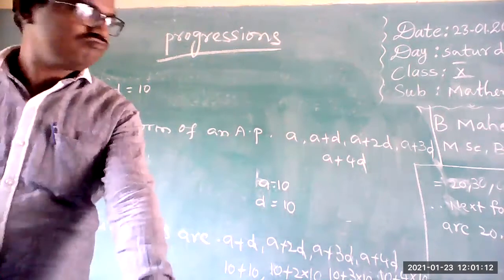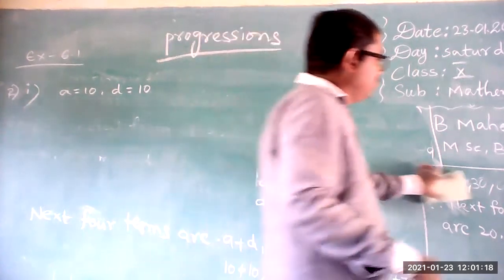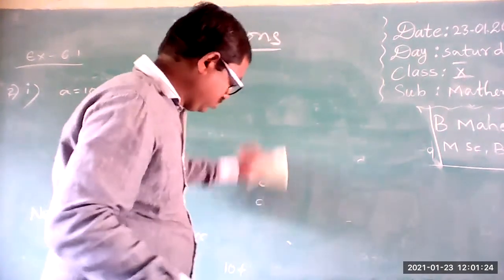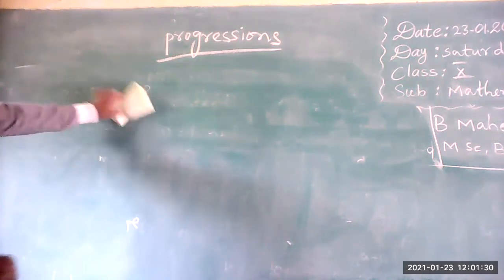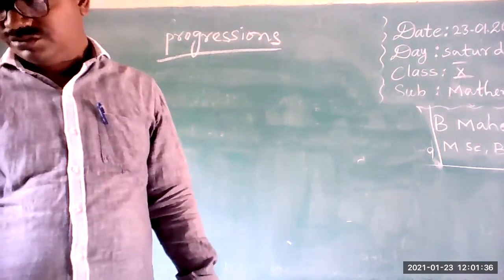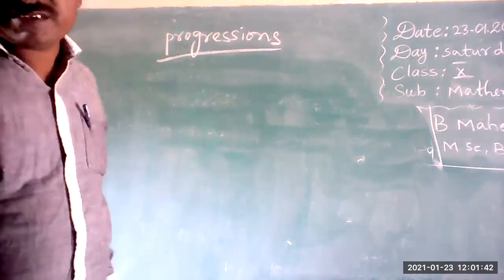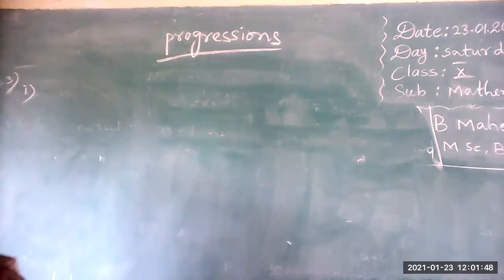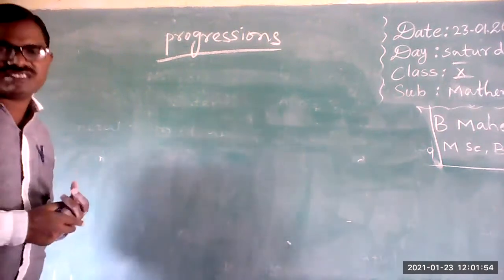Okay. Next one. Here it is given: for the following arithmetic progression, write the first term and the common difference.